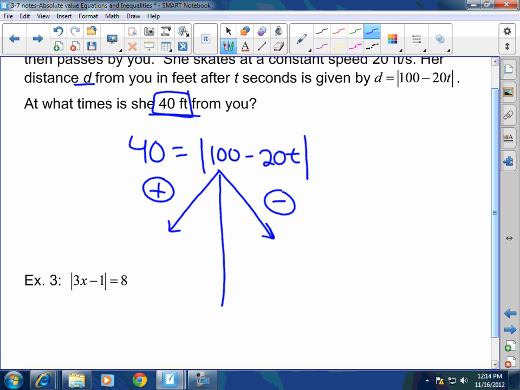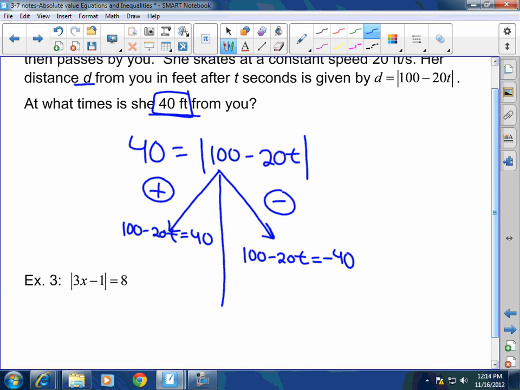The mirror image is going to be 100 minus 20t equals 40. Your negative side, you multiply -1 to the non-absolute value side. So 100 minus 20t equals -40. Guys, we just went over this, and the first thing you told me was subtract 100 to both sides.